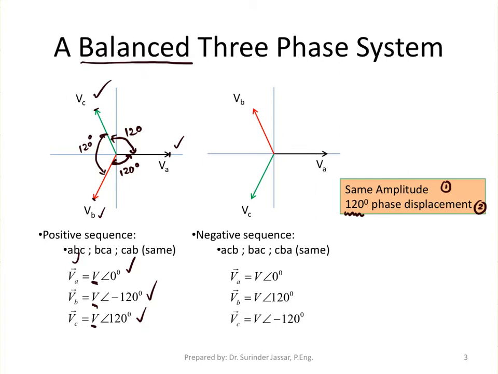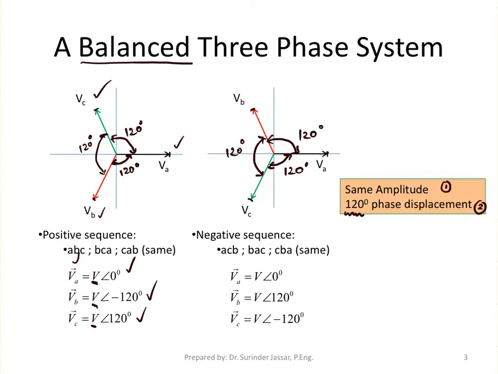Another way you can see it is here, this is also a 120 degree phase displacement between the three phasors, equal 120. Same amplitude again, the same length of the phasors.